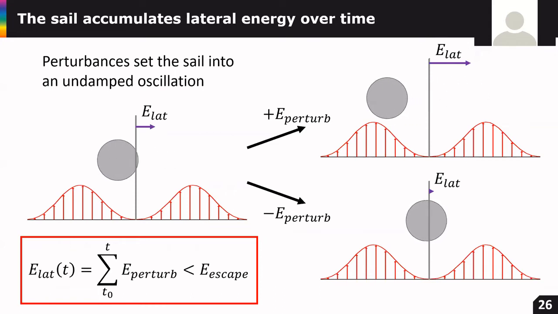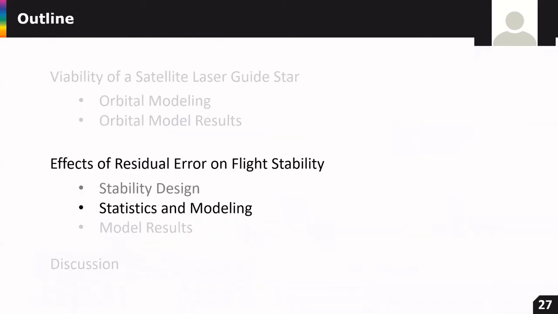Are they large, and how frequently do they occur? Because those two factors determine whether this lateral oscillation energy will exceed the well energy of the donut. So that's what I wanted to look at next with statistics, and then how you can use these statistics to model the likelihood of success, which can determine the residual correction error needed for the Starshot system.